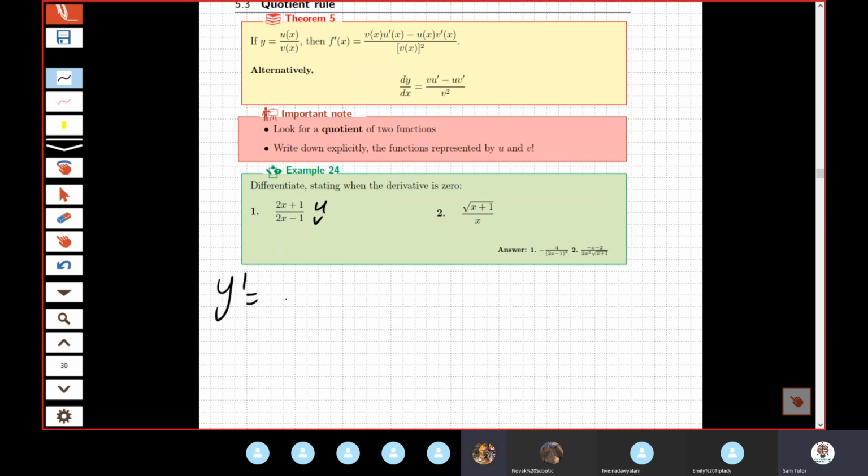So that would be 2 and 2x plus 1. This one's really important, the order. I mean minus 1, sorry. Yeah, fair enough, but minus 2, and 2x plus 1.